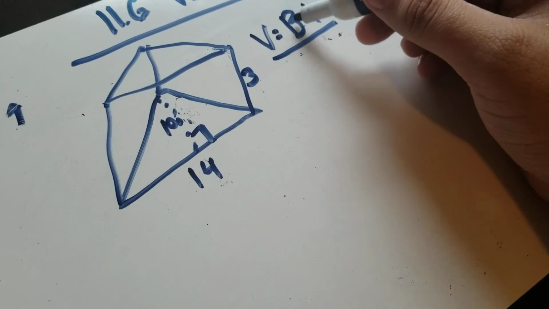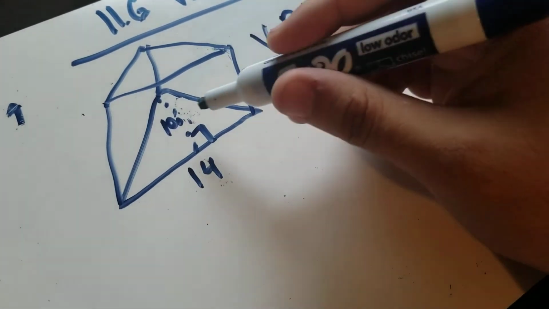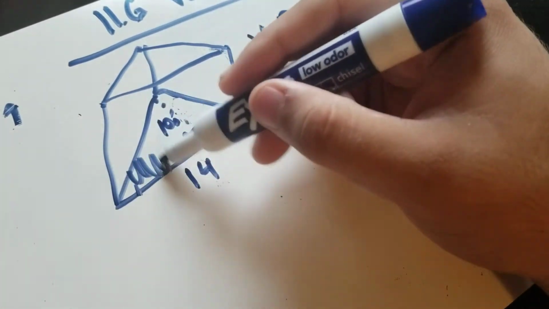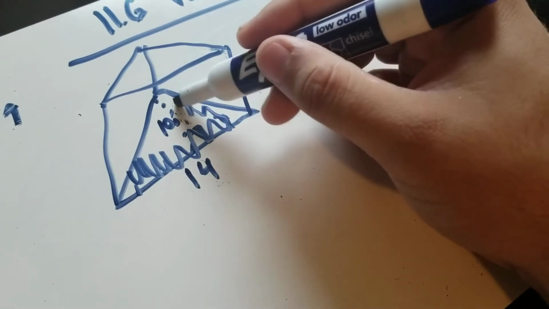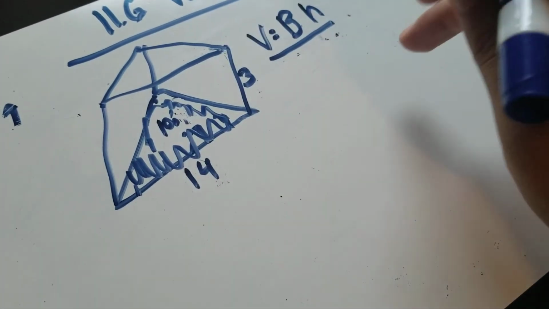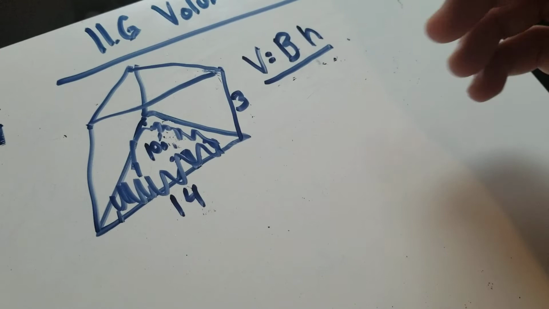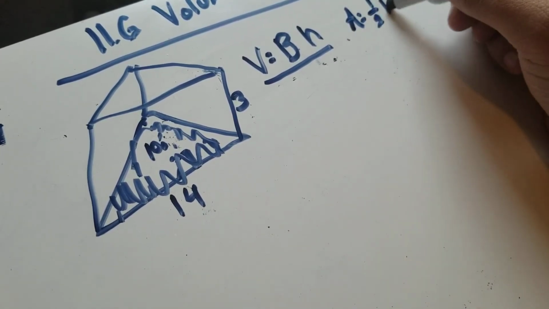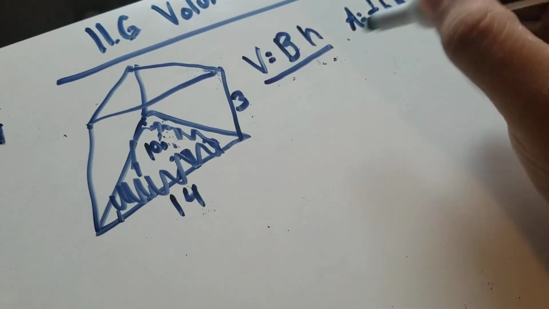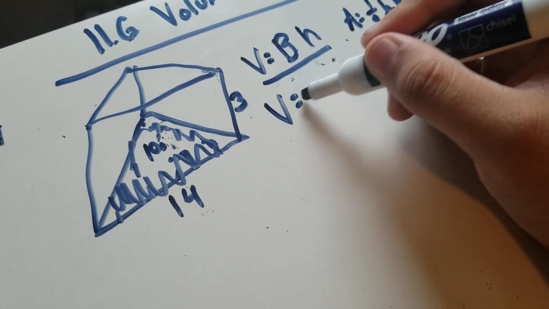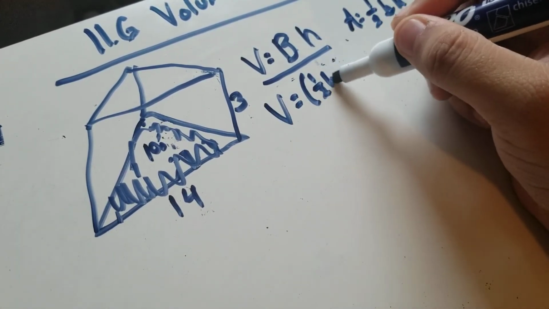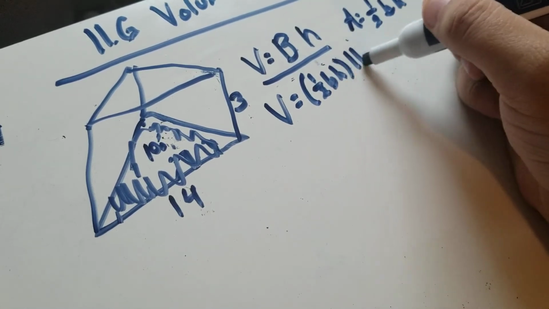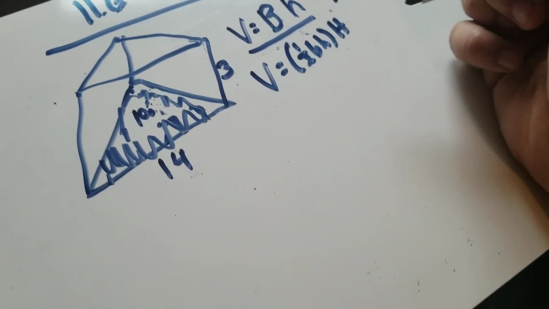First, you want to find the area of the base, which is this space right here. How do you find the area of this space? Well, you have to think, what is the area of a triangle? The area of a triangle is 1/2 base times height. So I'm going to find 1/2 base times height before I multiply by that 3D height.